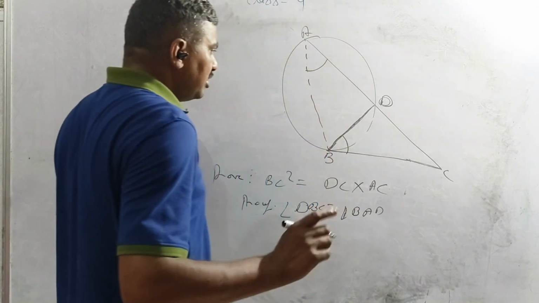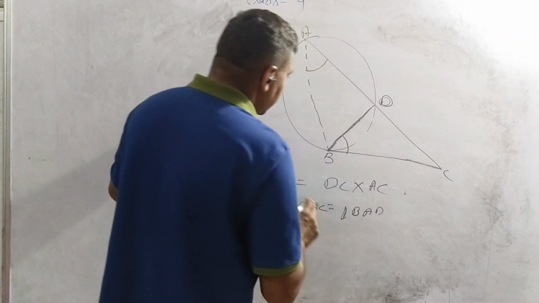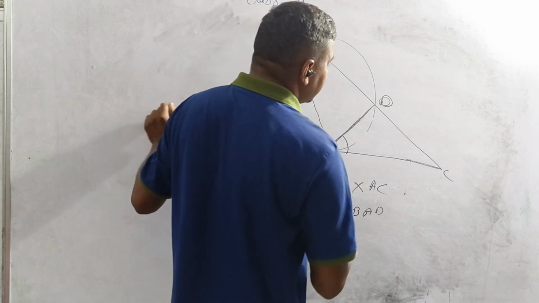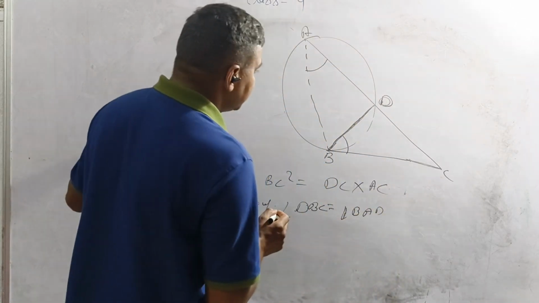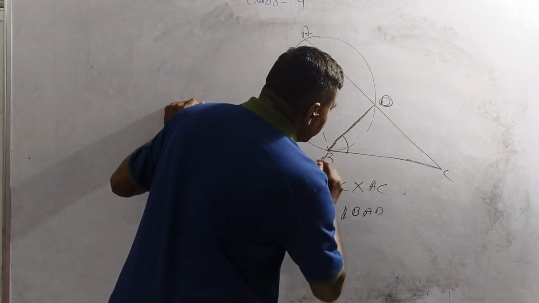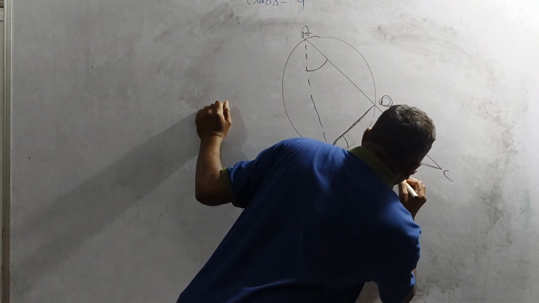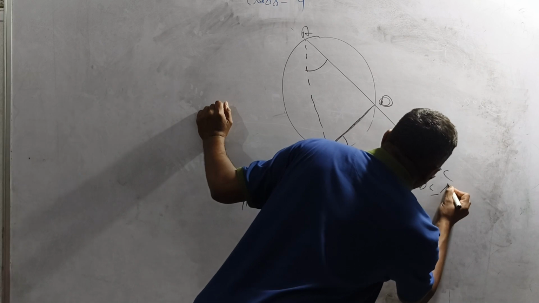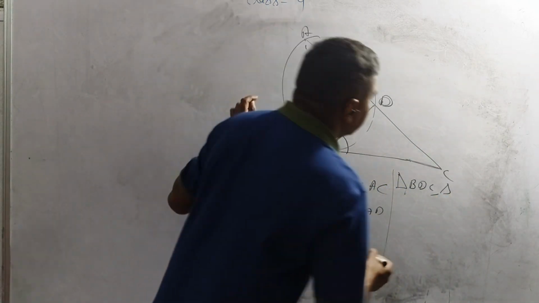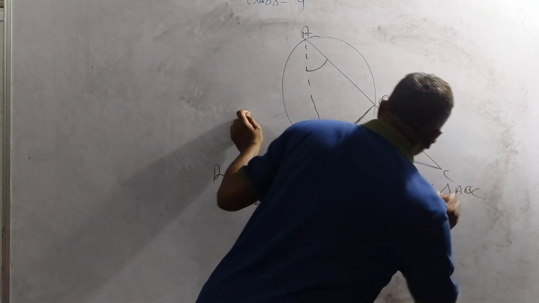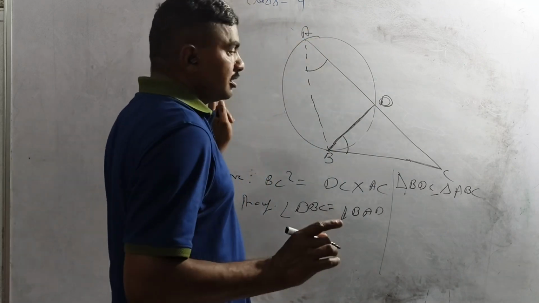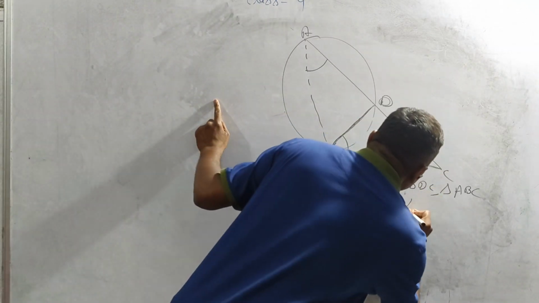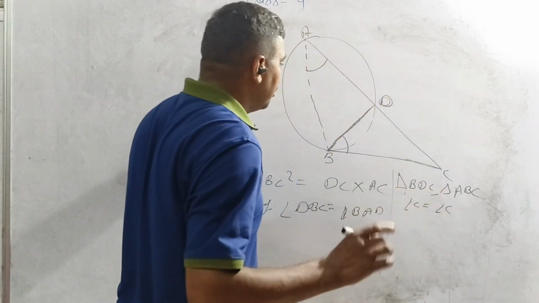Now listen. I am considering the triangles BDC and ABC, the entire triangle. Angle C is common.